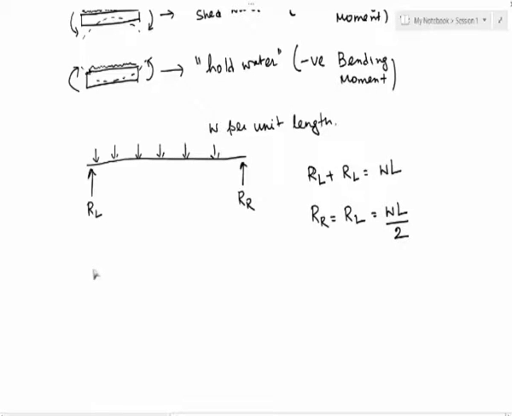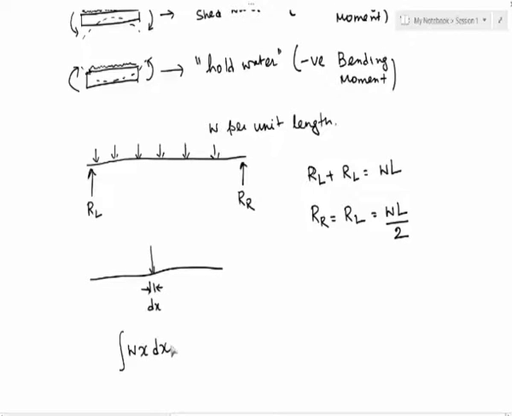If you want to calculate the moment about this point, what happens? The moment about this point can be calculated if you simply consider a small element of length dx. So the moment due to the small element dx is integral W x dx, right?